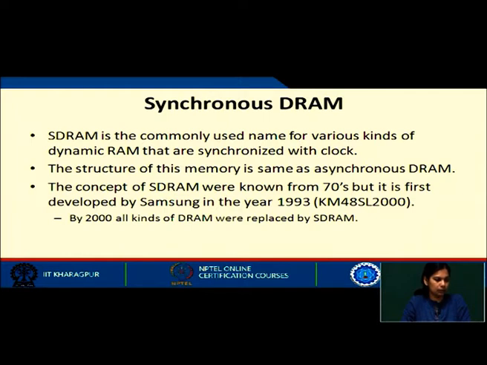The structure of this memory is the same as asynchronous DRAM, and the concepts were also known from the 70s, but it was developed in the year 1993, and by the year 2000 almost all kinds of dynamic RAM were replaced by SDRAM. So, there was no asynchronous DRAM anymore.